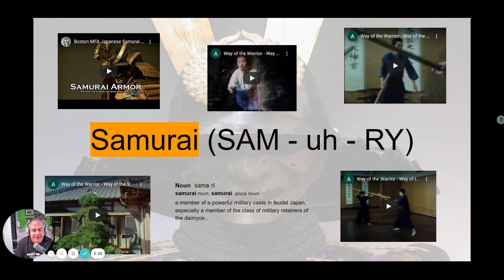And by the way, this is happening relatively at the same exact time in Japan and in Europe, even though they have no contact with each other and have no idea that they really exist. But the same system has come about, again, because of the chaos and fighting. So samurai were warriors that fought for a daimyo to protect that landowner.